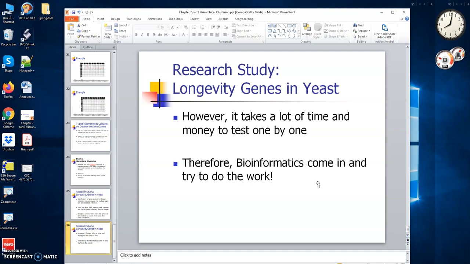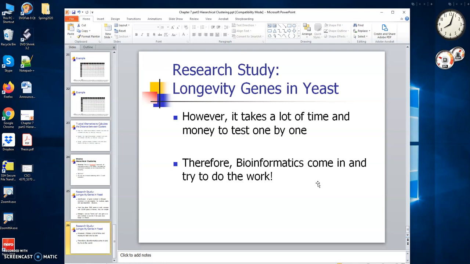At the time I was doing the experiments, 10% of the 5,000 genes is about 500 genes. At the time, only about 100 genes had been identified as longevity genes. So there are another 400 genes not discovered yet, hypothetically.